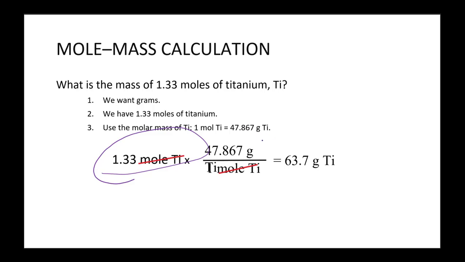I want grams of titanium. What have I got? I've got moles of titanium. So for every 1 mole of a substance, we look at the periodic table to figure out how many grams there is. So in this case, 1.33 times 47.867 to get 63.7 grams of titanium. I started with 3 significant figures, so I'm going to end with 3 significant figures.